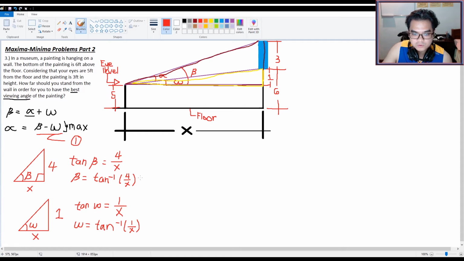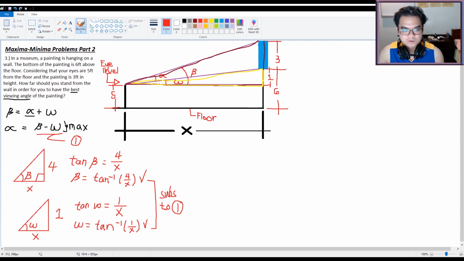Then all you have to do is substitute this one and this one into equation 1.